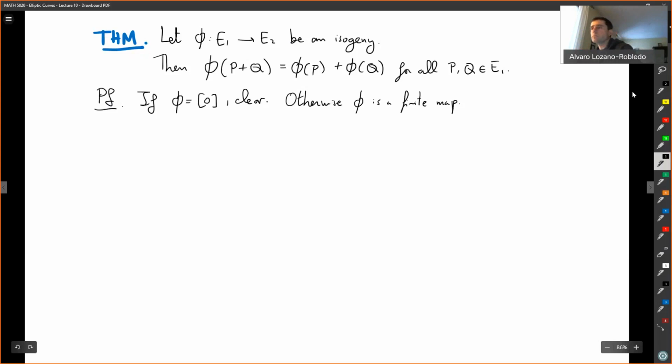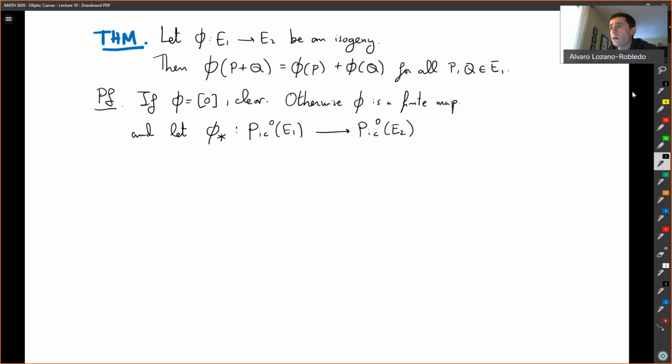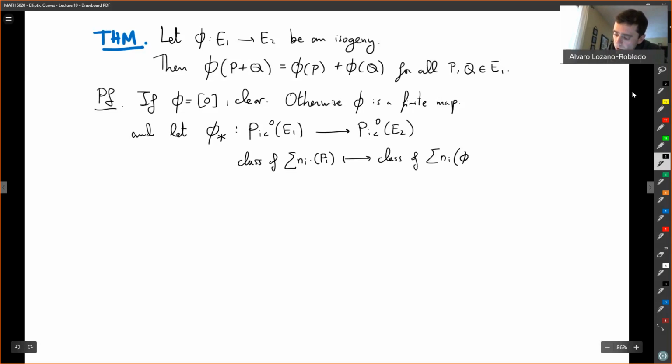I'm going to define a map phi lower star from the Picard group of E1 to the Picard group of E2, such that the class of the divisor, the sum of n_i times P_i, is sent to the class in Picard of the sum of n_i phi of P_i.